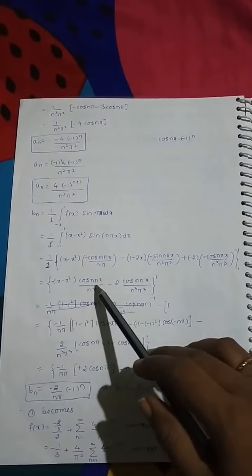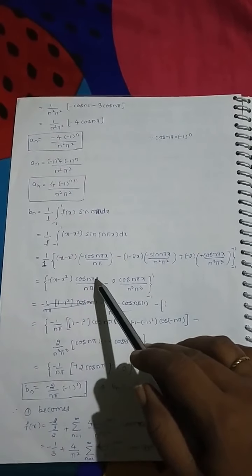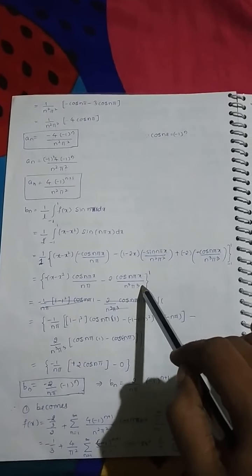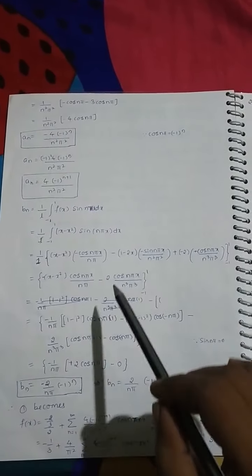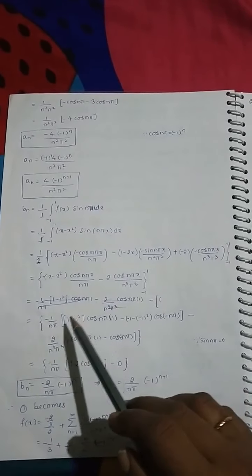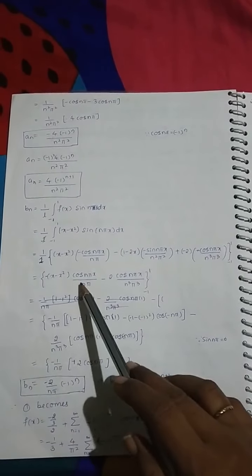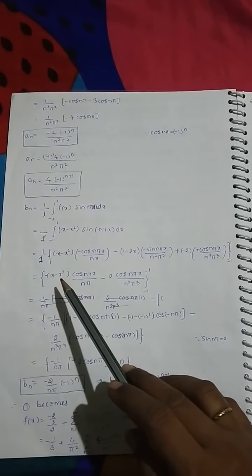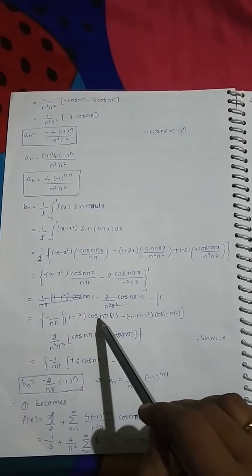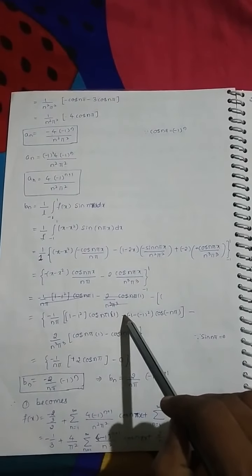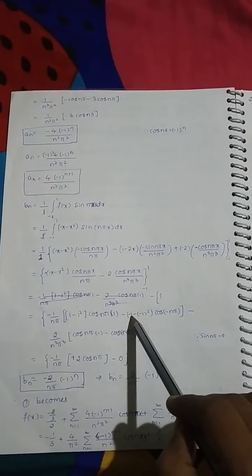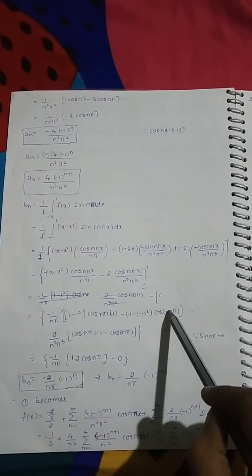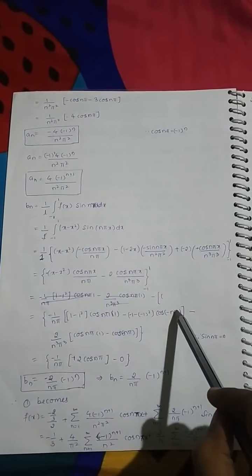We have the second term, that is x minus x square into cos n pi x upon n pi, minus 2 into cos n pi x upon n cube pi cube, between the limits minus 1 to 1. Next, substituting the limits: minus 1 upon n pi, upper limit 1, that is 1 minus 1 square into cos n pi of 1, minus into bracket minus 1 minus of minus 1 whole square into cos of minus n pi, that is minus 1.